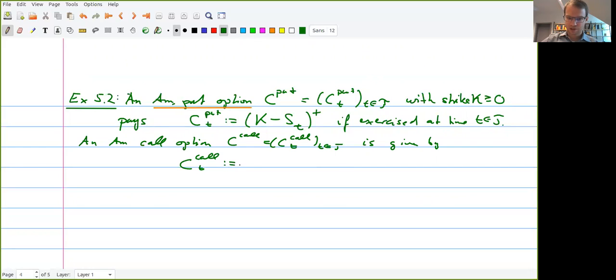You have a call option which you can exercise at any time. If you exercise at time t, the payoff is S_t minus K, and then only the positive part, because you will only do it if you make no losses. All right. So these are the two most common examples: American call and put options.